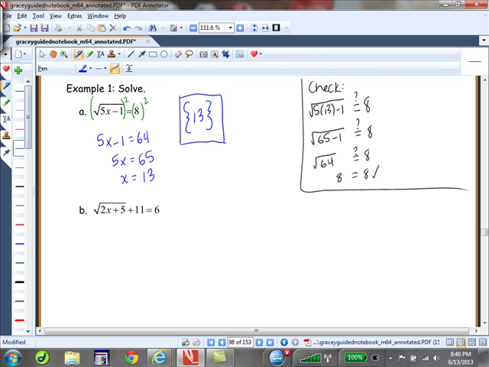All right. So what about part B? Let's check it out. When we subtract 11 from both sides, we get an equivalent equation of 2x plus 5 equals negative 5. What do you think about that? What is the range of a radical expression?